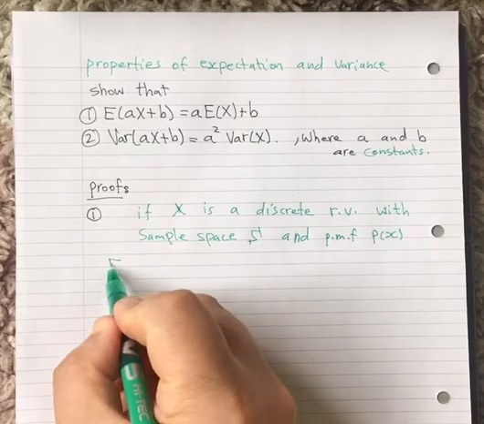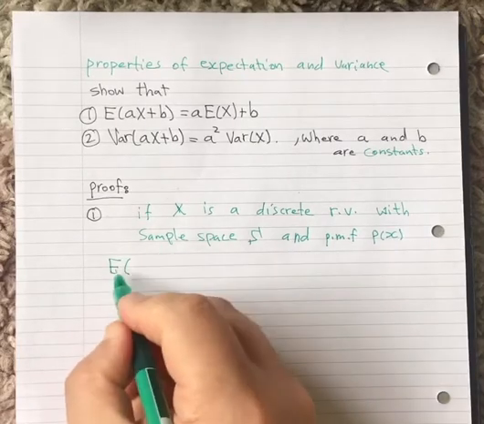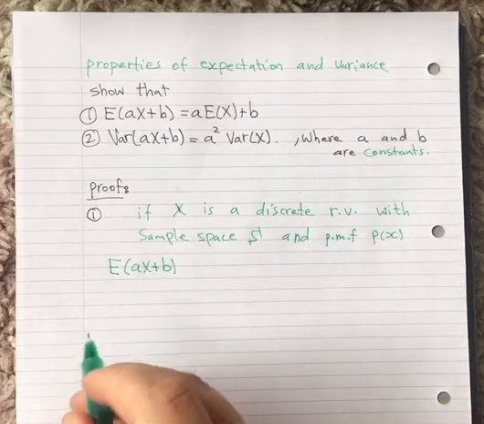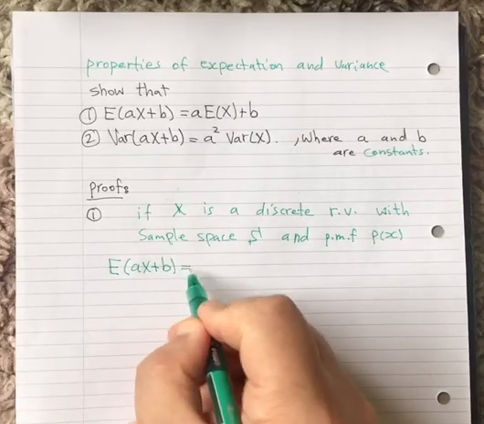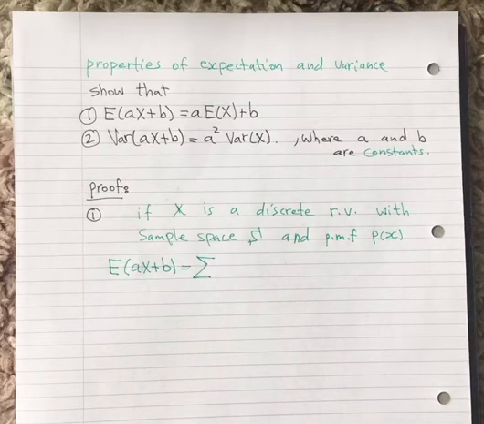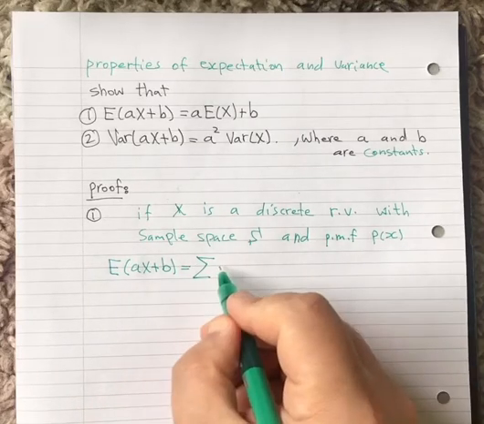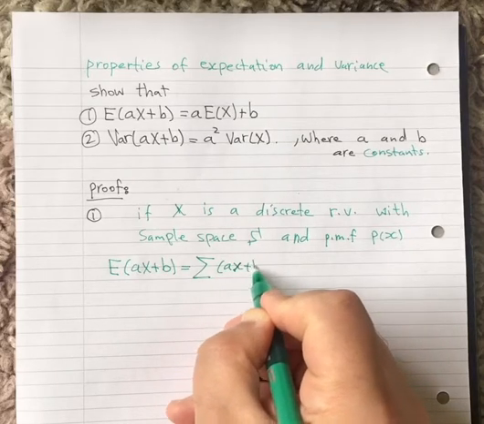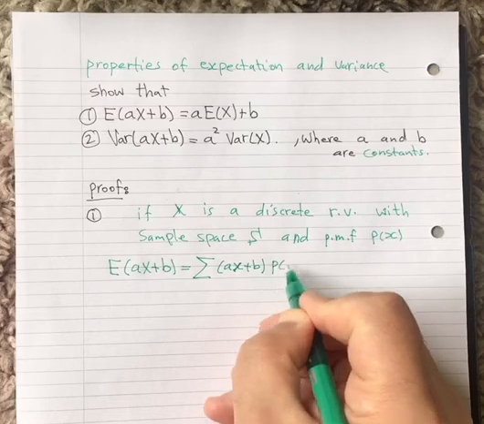Now let's start with the expectation of aX plus b, which is equal, according to the definition of expectation, to the sum of (ax plus b) p of x.